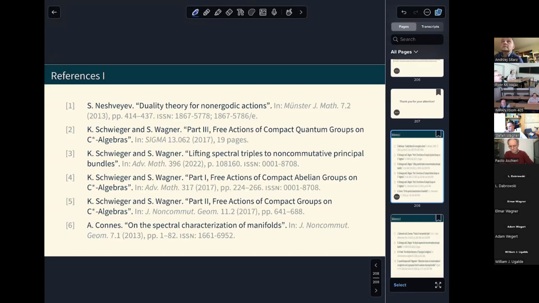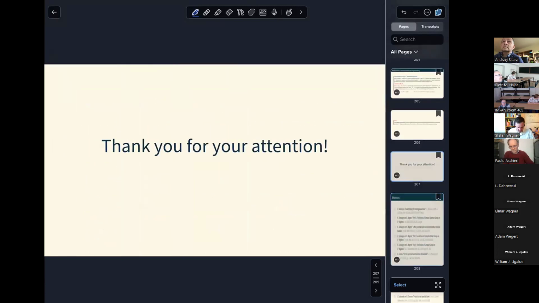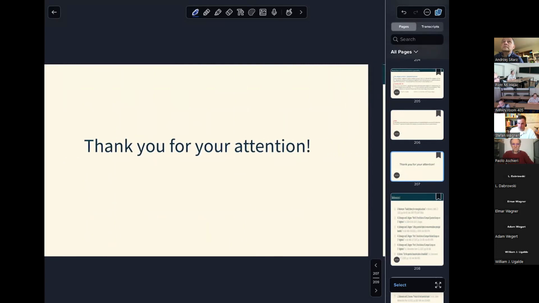Let me put it this way. I just need a page somewhere. The way we classify is, okay, so you have the C star algebra B, and you have a compact group. I'm an idiot. I was writing with a real pen.